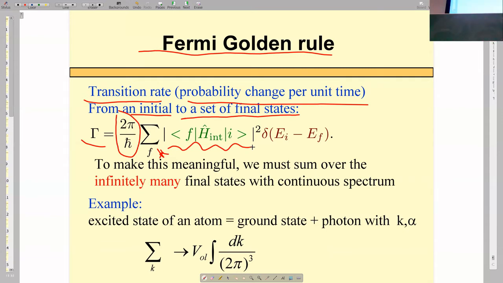And this is perturbation theory. We have some perturbation which provides us these transitions, right? And we take the matrix element of this perturbation between the initial state and final states. We square it.